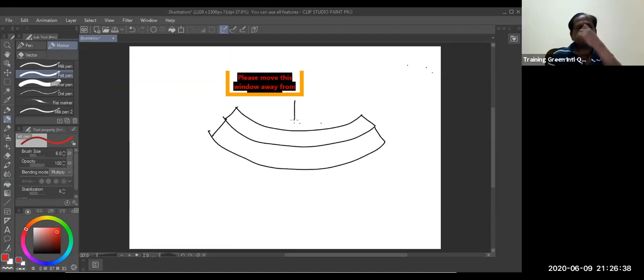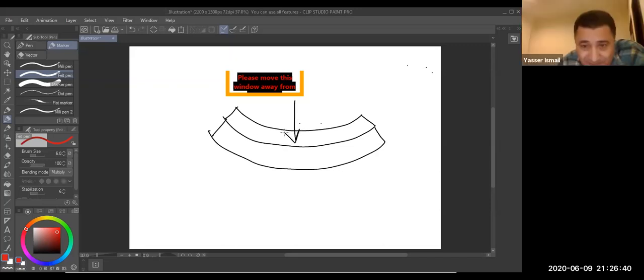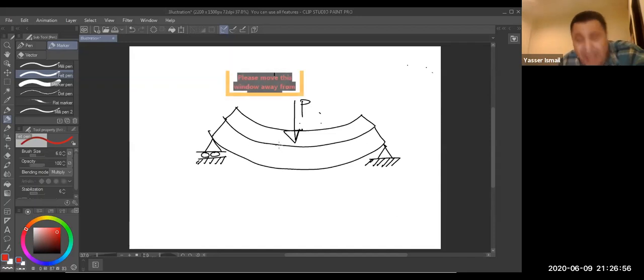Due to this load, and you have a support here, and another support here. For sure, 100%, due to this load, this beam will take this direction. Take this direction means what here? This section here.